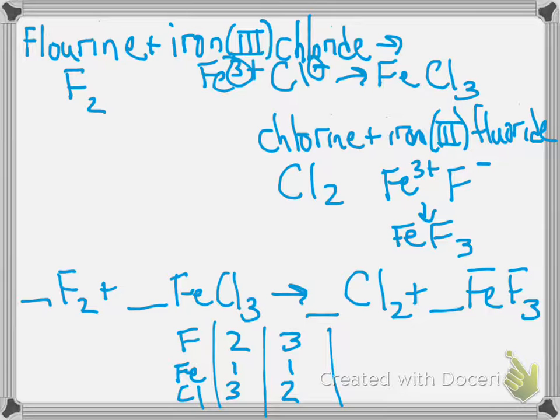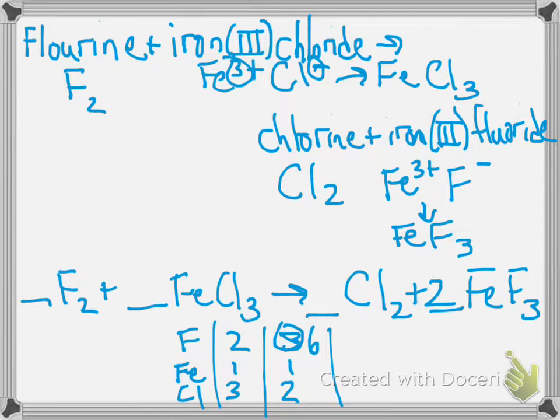One tip when you have an even number of an atom on one side and an odd number on the other is to make the odd number even by doubling it. Here we have 3 as an odd number, so we add a coefficient of 2 on the right side in front of FeF3, and that 3 becomes a 6.